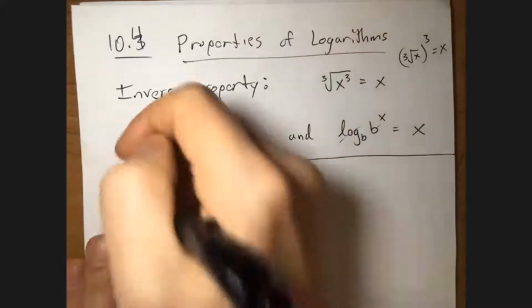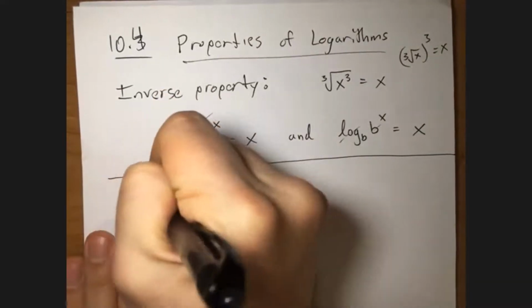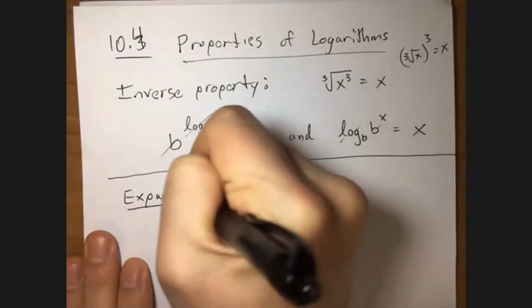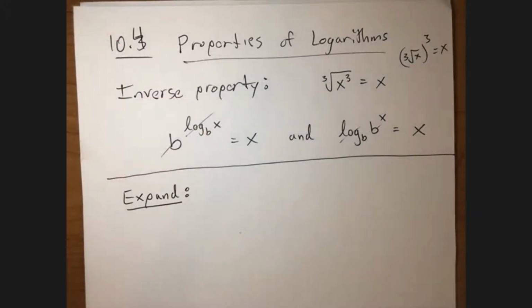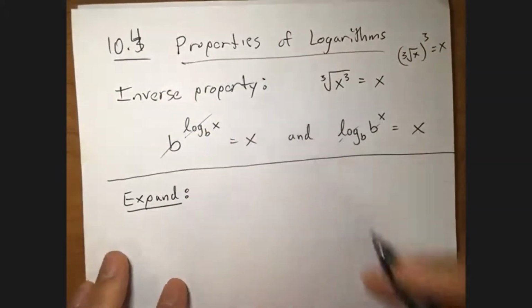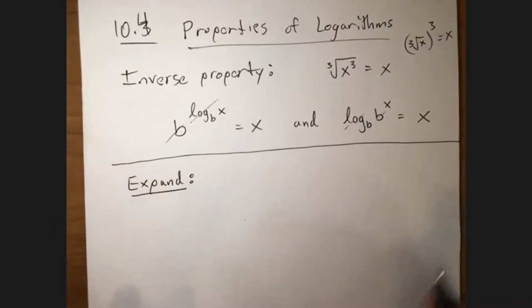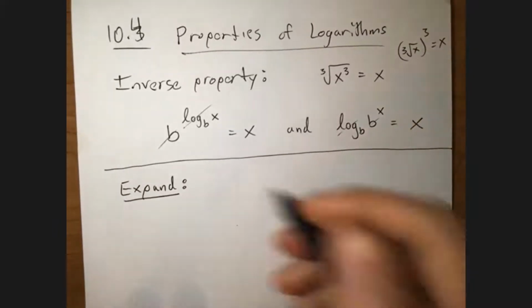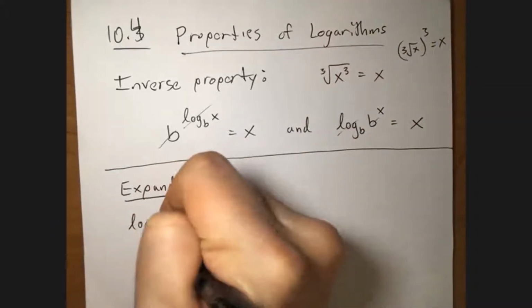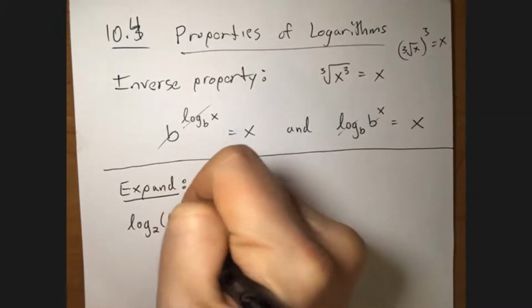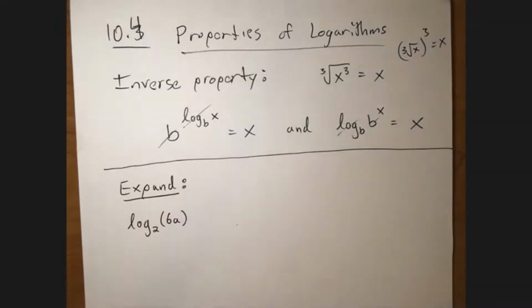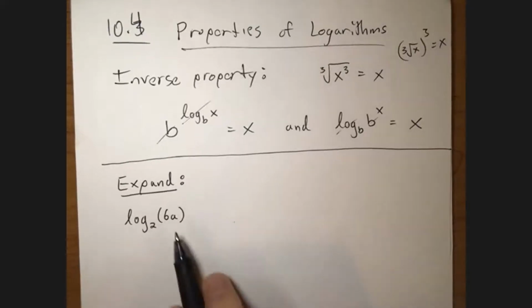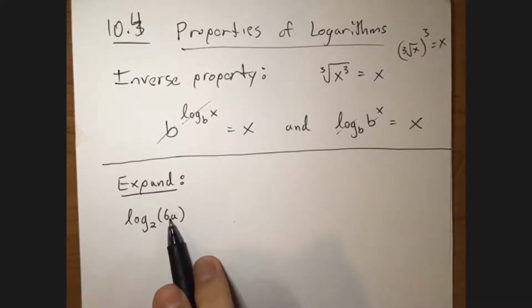Expand. These are just like the homework problems you'll be seeing in section 10.4. A lot of problems that ask you to do things like this. So let's start with something very basic. Log base 2 of 6 times a. Here we have the log of a product, 6 times a.